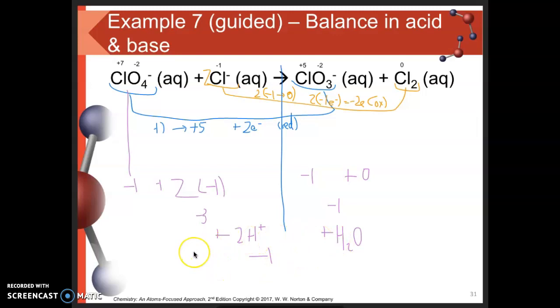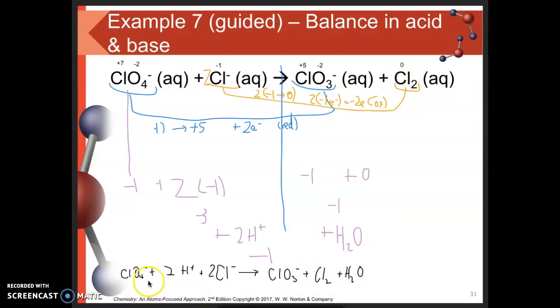And now, if I put it all together, I would get something that looks a little bit like this, where I've got the perchlorate ion plus 2 hydrogen ions plus the 2 chloride ions yield the chlorate ion, the chlorine, and the water molecule.